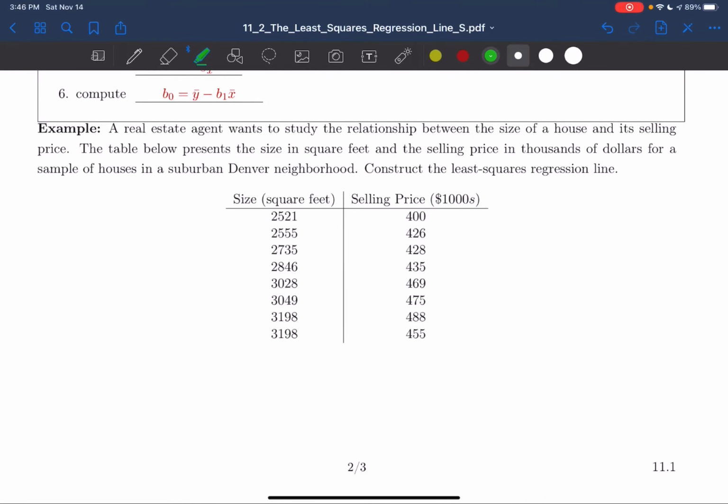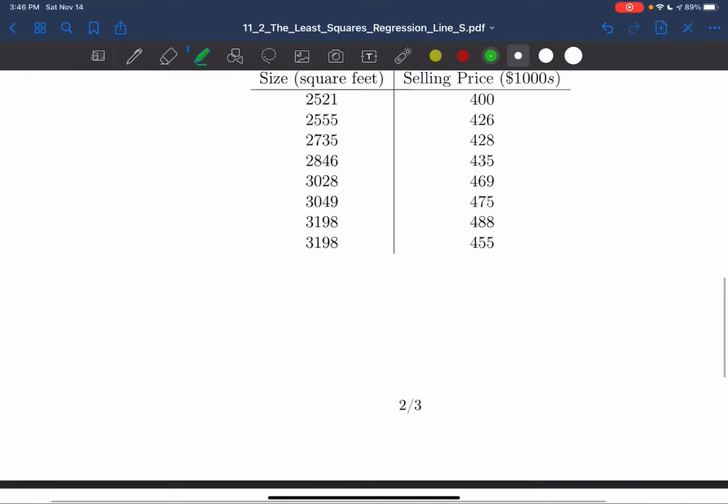Going back to here, again, we want to construct the least square regression line. So this is asking, we want to find y hat is equal to b1x plus b naught. And we already found b1 and b naught in Excel, so we could just plug them in.